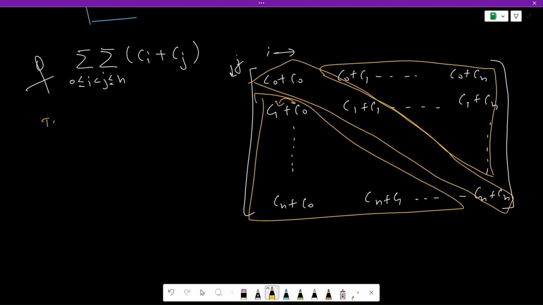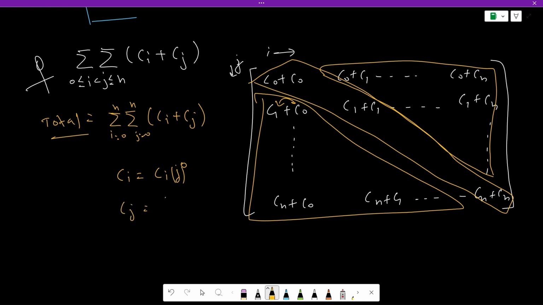Now the total summation is sigma i equal to 0 to n, sigma j equal to 0 to n, ci plus cj. Ci can be written as ci into j to the power 0, right, and cj can be written as cj into i raised to the power 0.